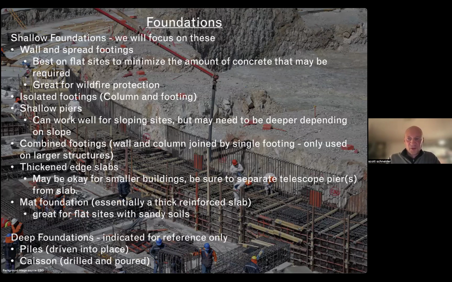Deep foundations are something we wouldn't really use on observatories, but I mention them because maybe our larger observatories use them if they're getting down to bedrock. They use piles and caissons. They kind of look the same. They're both like a long pier that goes into the ground, but one of them is driven in place, and the other is poured.